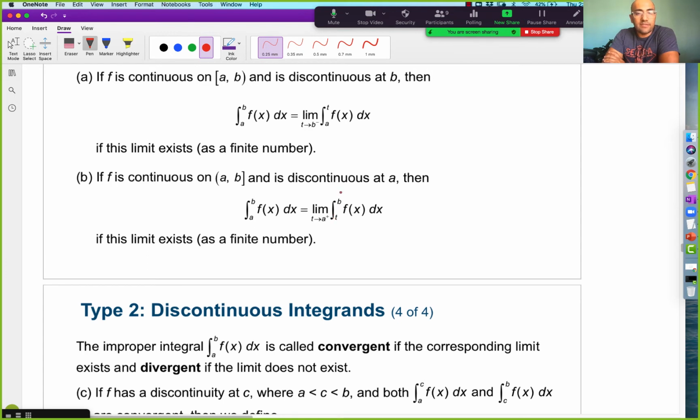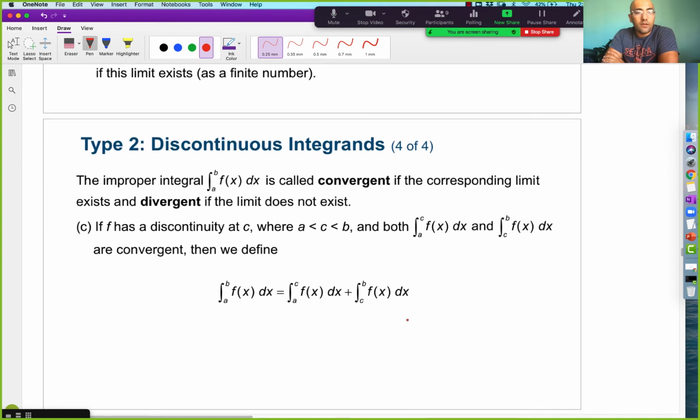Find the integral from t to b of f of x dx, assuming that there are no other problems in this region. So f of x is continuous and integrable in that little region. Once we find an answer to this, we'll get a function of t. Then we apply this limit as t approaches a from the right-hand side and get our answer from there.